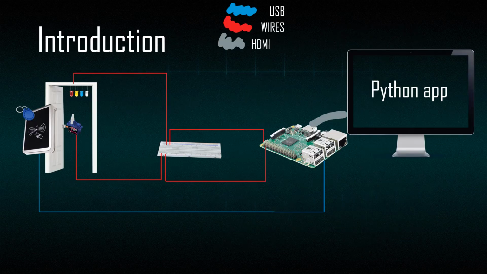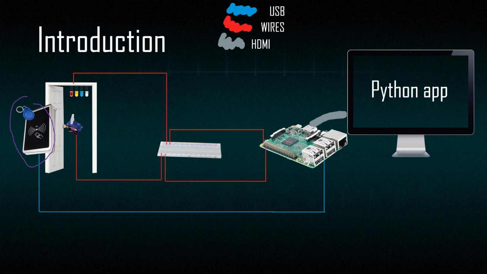So here we have a little bit of a schema of our project. Here we have the door to our building or our room, and here is our RFID sensor, which is, let's say, attached to the door.